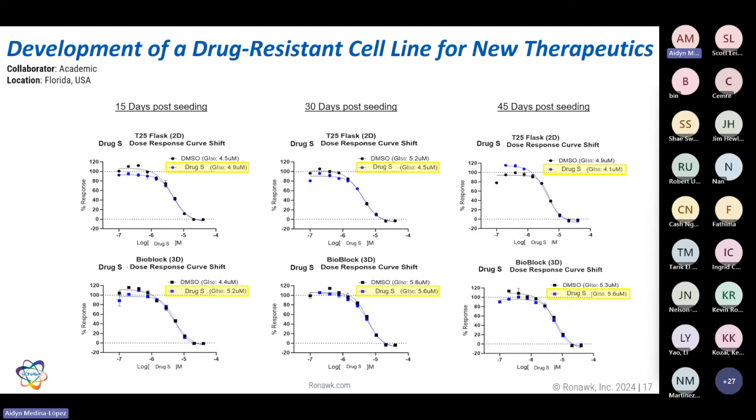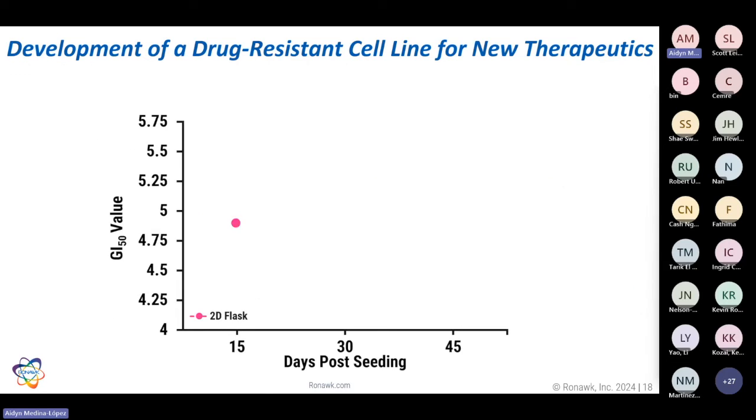And what we saw here is that over the different time points, there was an increase in the GI50, which is the concentration at which a drug kills half of the population. And that is very important to define: it is half of the population. We saw an increase in that GI50, meaning that the cells are taking more and more of that drug in order to get half of their population terminated.